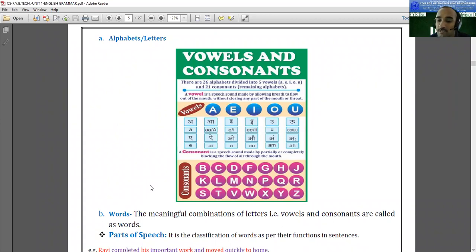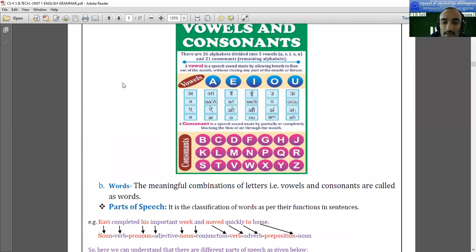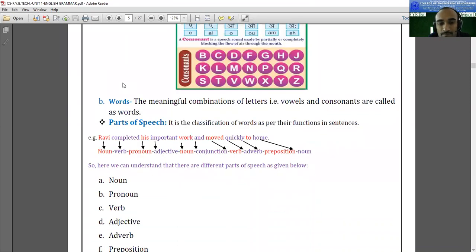A consonant is a speech sound made by partially or completely blocking the flow of air through the mouth. आपण एअर फ्लो जो आहे आपल्या तोंडातून बाहेर पडणारा, कॉन्सोनंटचा उच्चार करताना आपण काय करतो, तो कंप्लीट बंद करतो, ब्लॉक करतो किंवा पार्शली ब्लॉक करतो. म्हणजे आपण आपले ओठ कंप्लीट बंद करतो किंवा आपण आपली जीभ टाळ्याला लावून कधी कधी जो फ्लो आहे तो आपण काय करतो, स्टॉप करतो. ओके, सो दीज आर कॉल्ड एज द अल्फाबेट्स और लेटर्स. लेट्स मूव टुवर्ड्स द वर्ड्स.